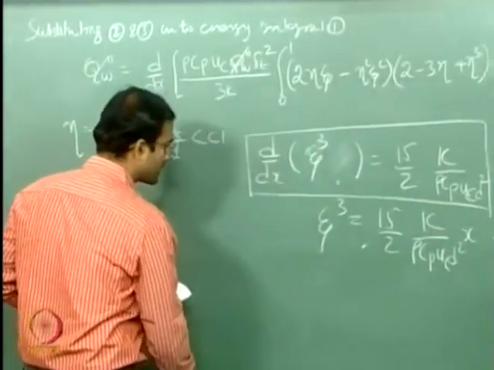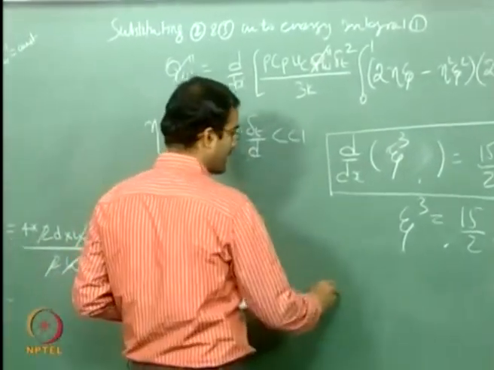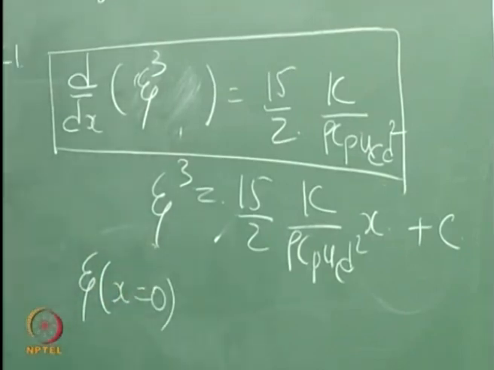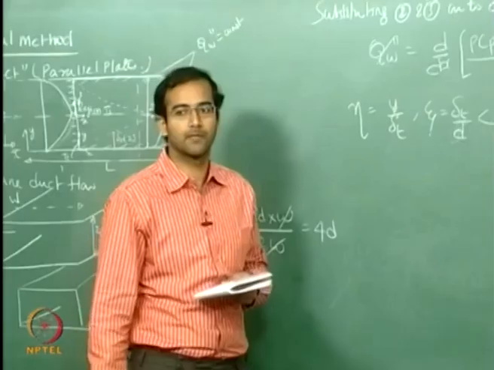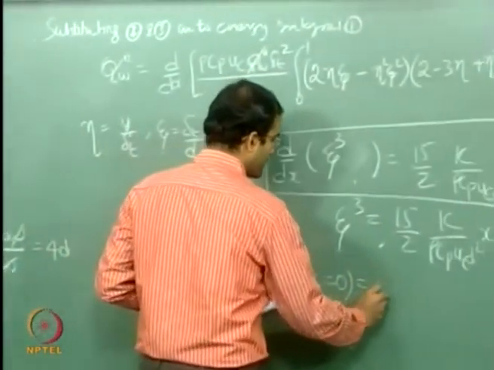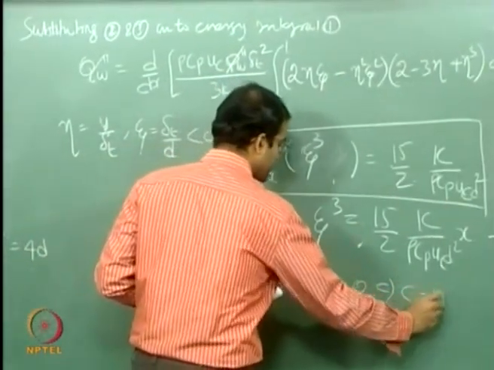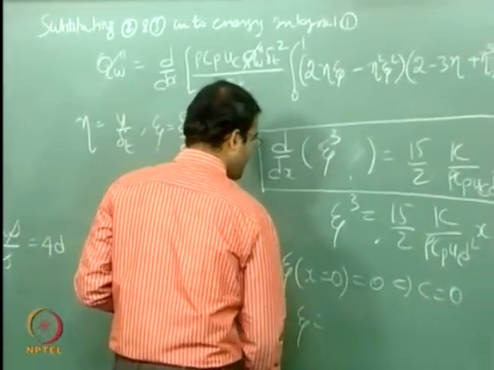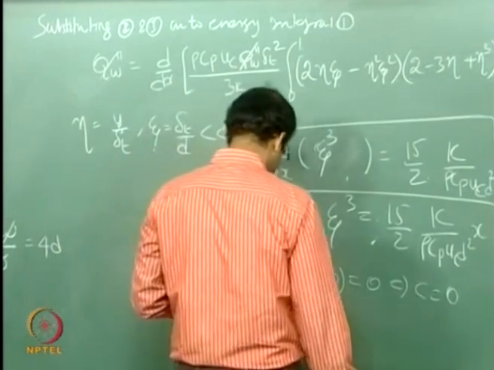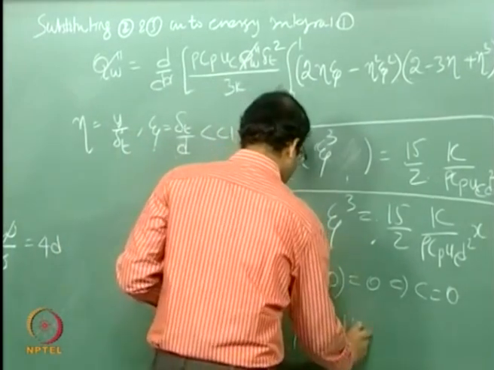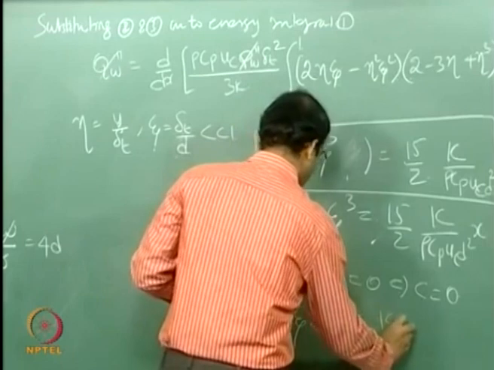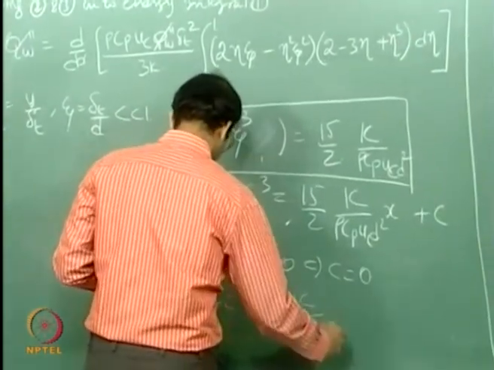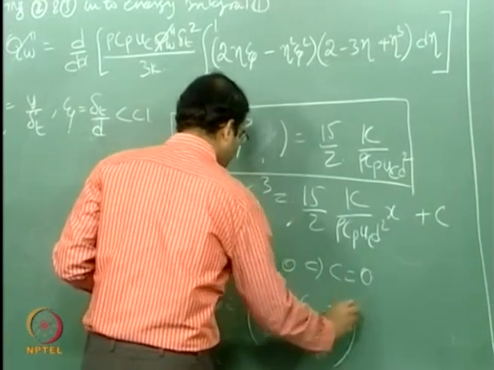I can evaluate this constant with the condition that at x equal to 0, zeta should be what? 0. Therefore the constant is 0. So therefore my zeta will be 15 by 2 into k by rho Cp uc d square into x, the whole power 1 by 3.